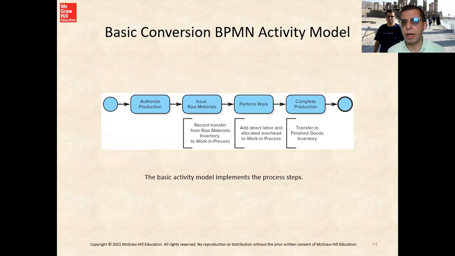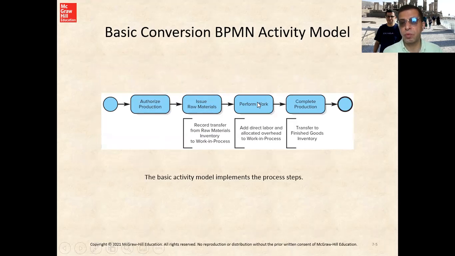Now, if we look at it in the BPMN, basic conversion of BPM, we know that there is an authorization from the management and raw material issued, then the record transferred from raw material inventory to work in process, start in accounting.